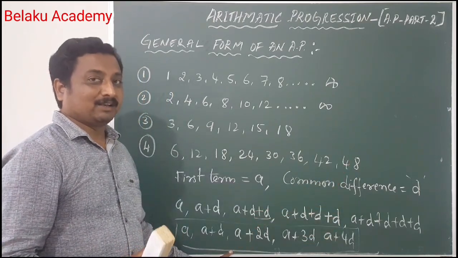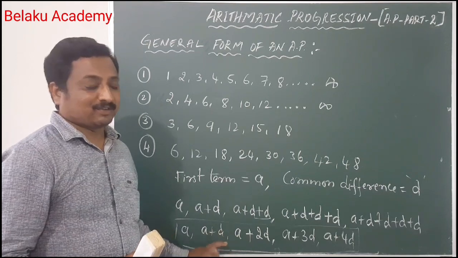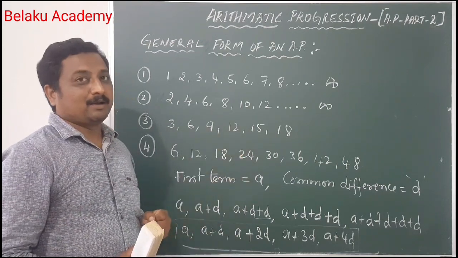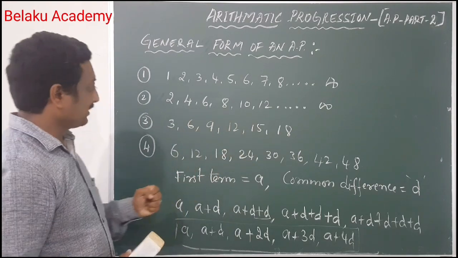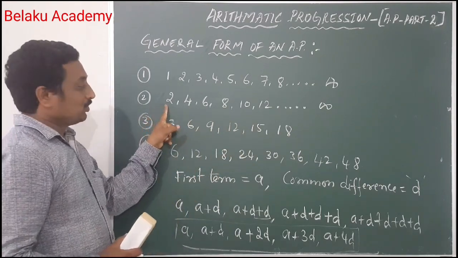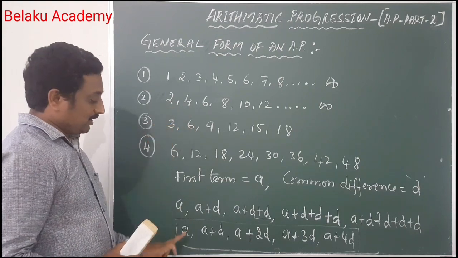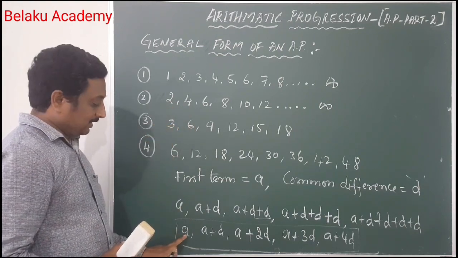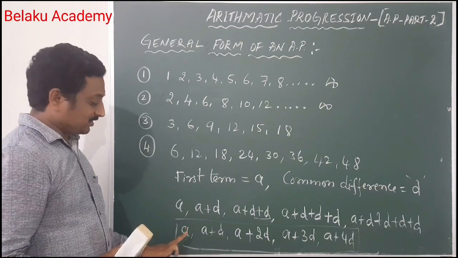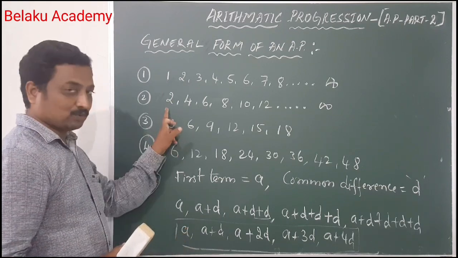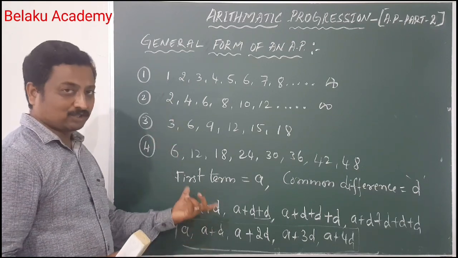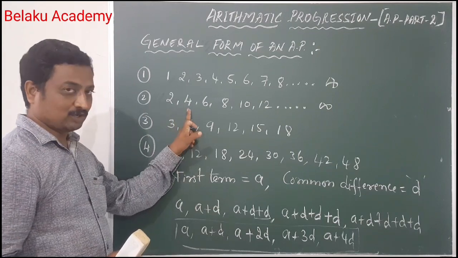So if you are given the first term and the common difference, you can write any arithmetic progression. For example, let us take here 2 is the first term and the common difference is 2. So in the place of A you have to write 2, and in place of D you have to write 2 again because the common difference is also 2.